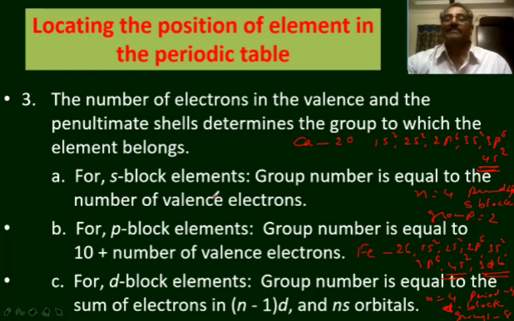In the case of s block elements, the group number is the number of valence electrons. In the case of p block elements, the group number is the number of valence electrons plus 10, whereas in the case of d block elements, the group number is equal to the sum of the electrons in the ns orbital and n-1 d orbital. So in this way, the position of an element in the periodic table can be identified.